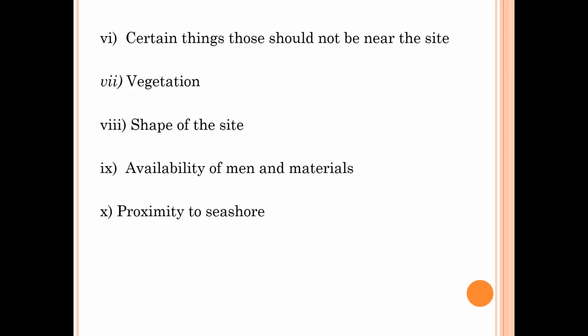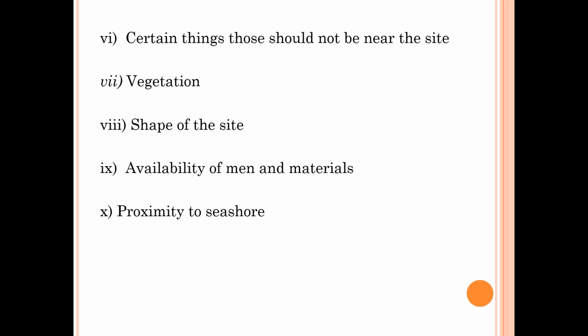Then there are certain things that should not be near the site. These are things like cemeteries, that is स्मशानभूमी, then mental hospitals, then kilns which produce smog or fumes. Those should not be near the site. Sometimes some industries also we need to avoid.